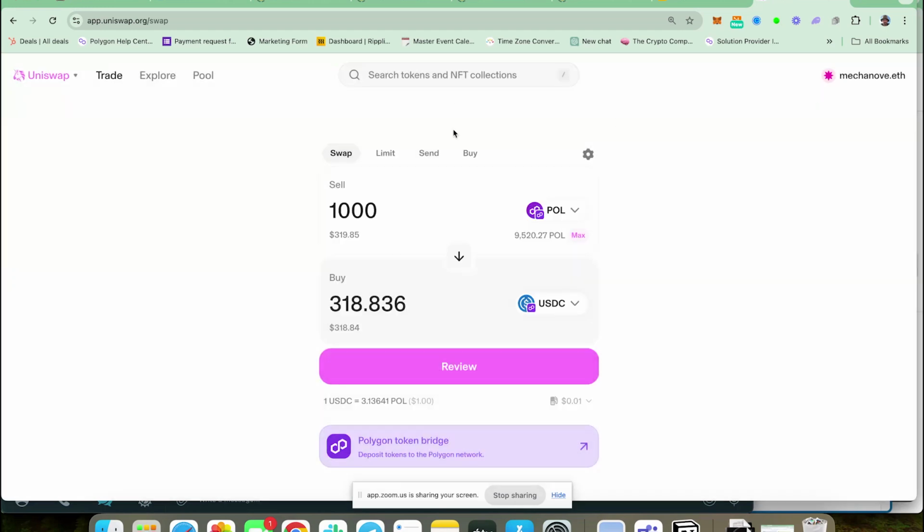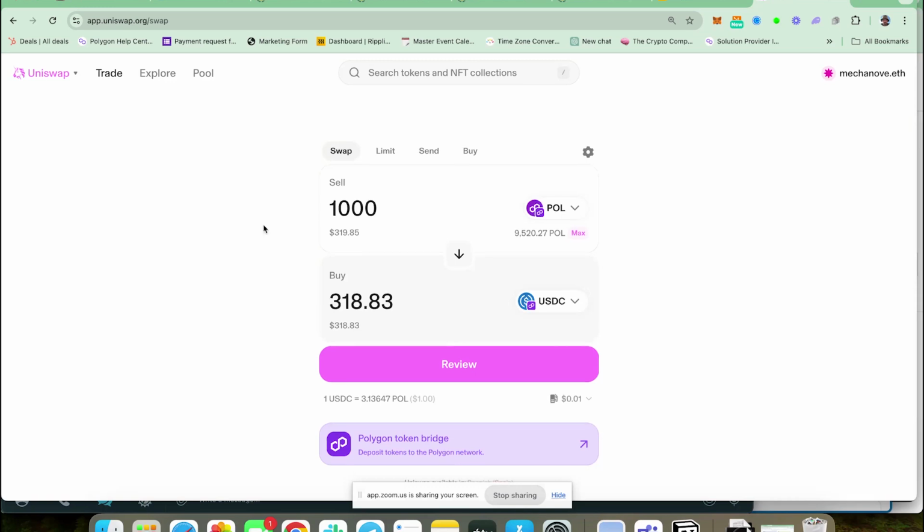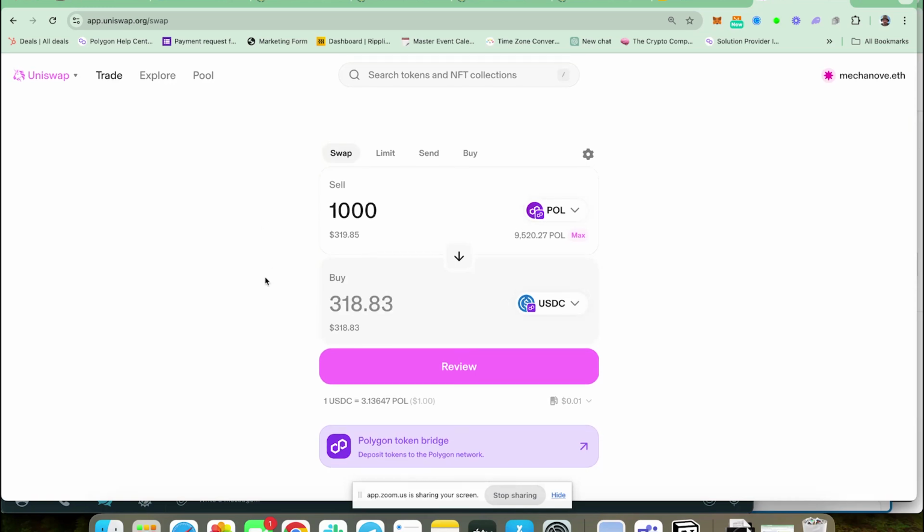So what happens if instead of swapping, what I want to do is bridging? By bridging, I mean I want to move my Pol tokens, instead of being on Polygon, to another chain, like Avalanche.